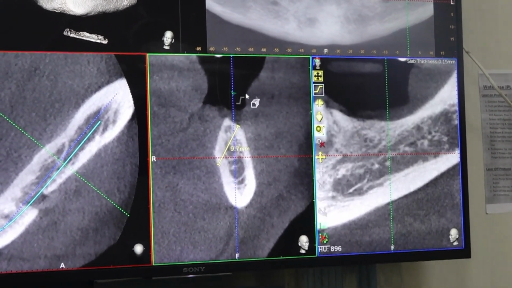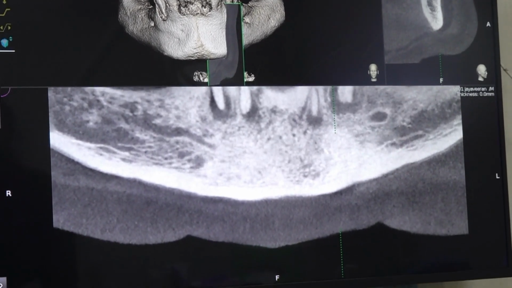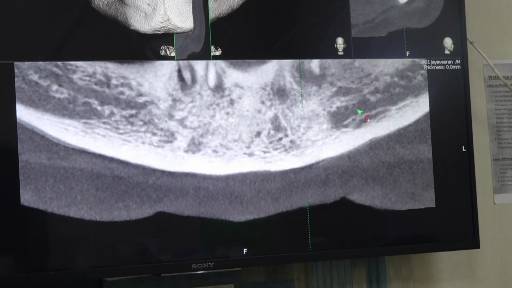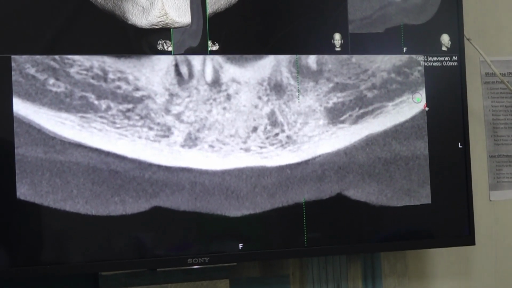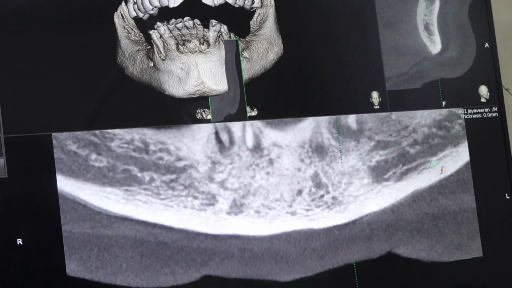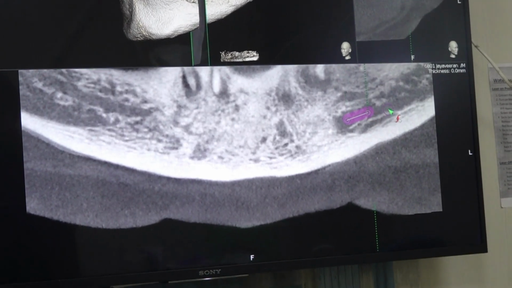And if you see, especially the left side, you can see there are 2 canals running here. Okay, can you see the white line here? Okay, that is one canal.